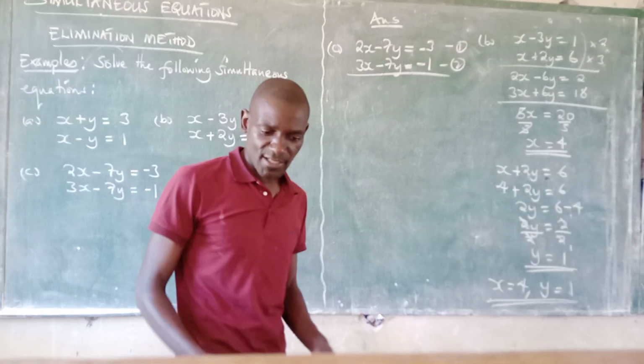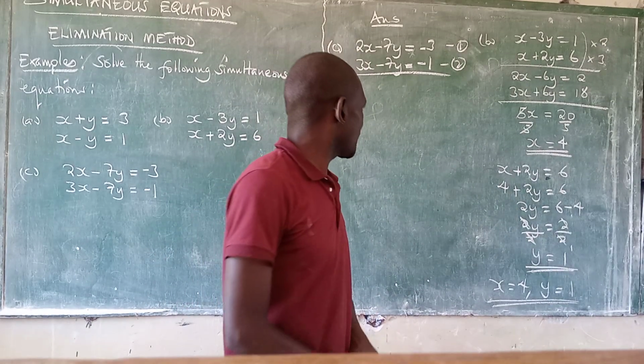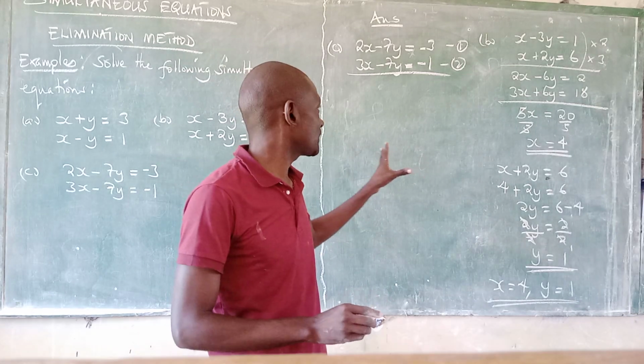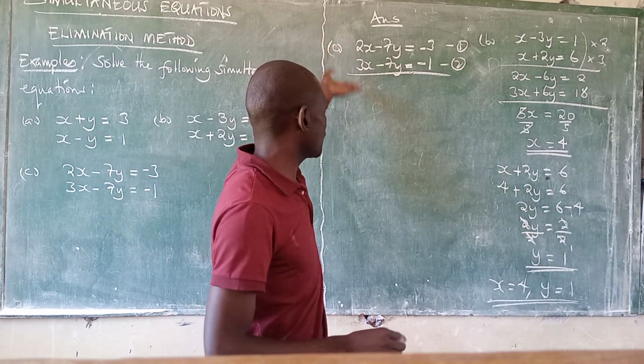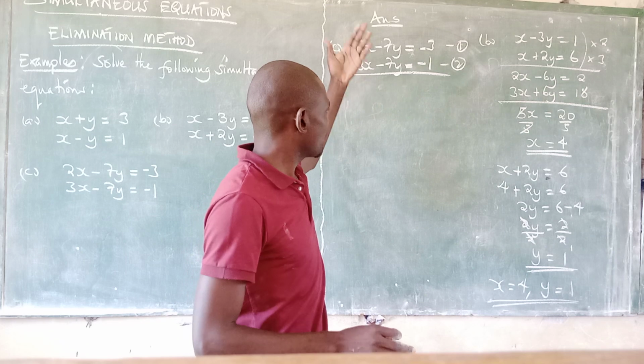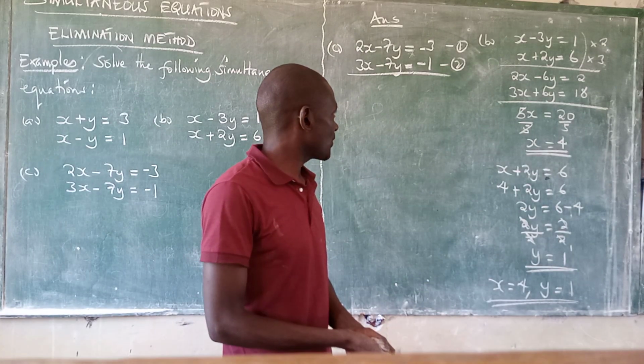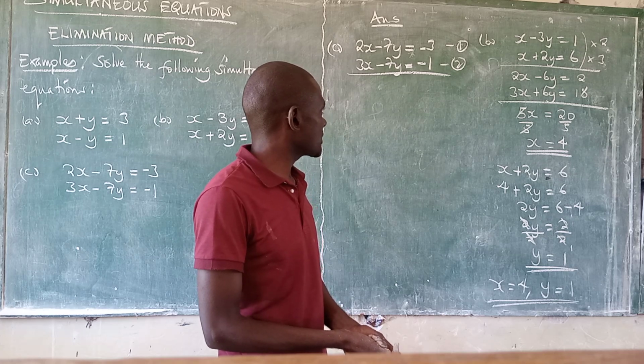Now, if you look at this one, it is a bit complicated compared to the other two that we have done, in that here we don't have anywhere where the coefficients are the same, neither do we have where the signs are different so that we can subtract. So we need to make those changes.